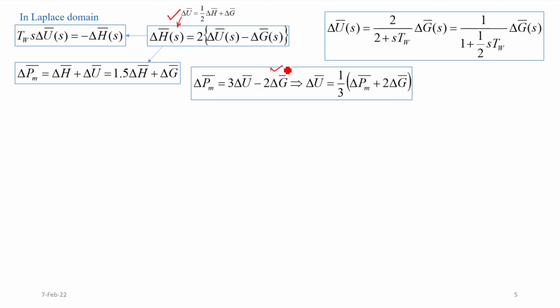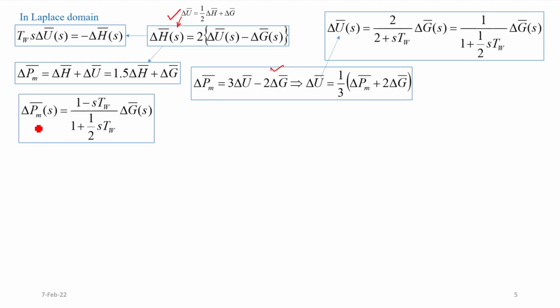So now from this equation, I can write delta U bar will be equal to 1 by 3 times delta PM bar plus twice of delta G bar. Now if I substitute this delta U here in this equation, I will find the equation of delta PM in terms of delta G.